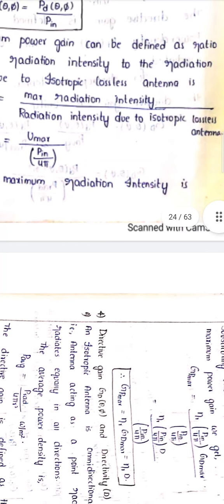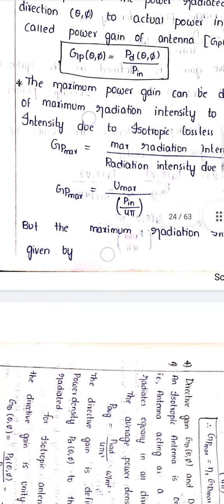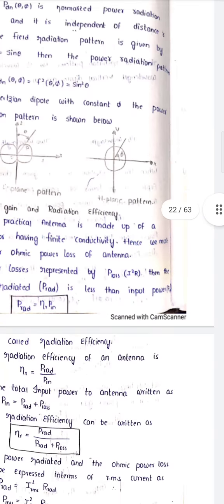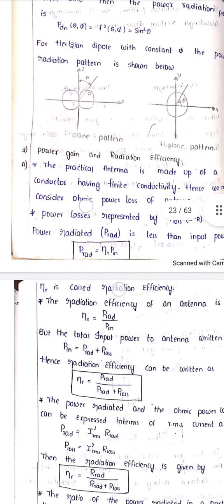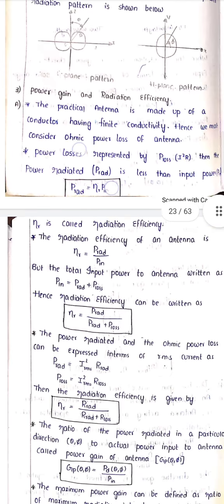Just rearrange this expression. You will get U max is equal to P radiated by 4 pi into GD max. You know that the power radiated is equal to eta P in.